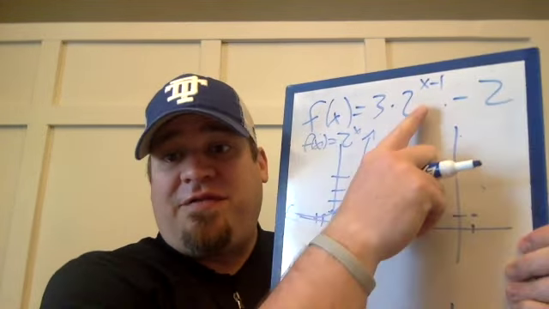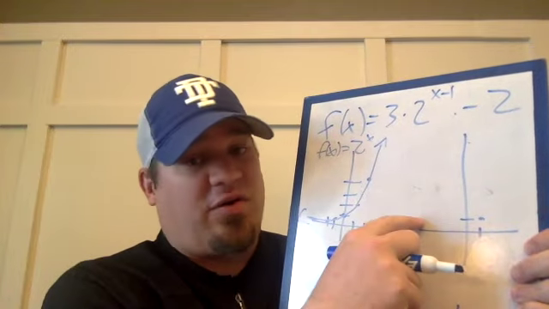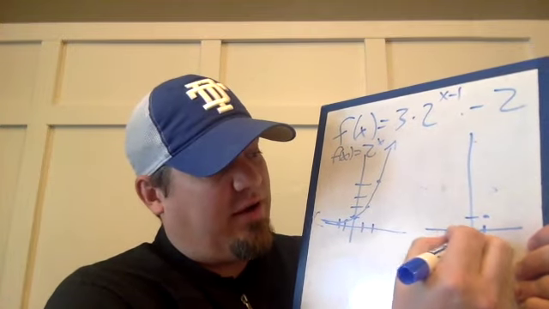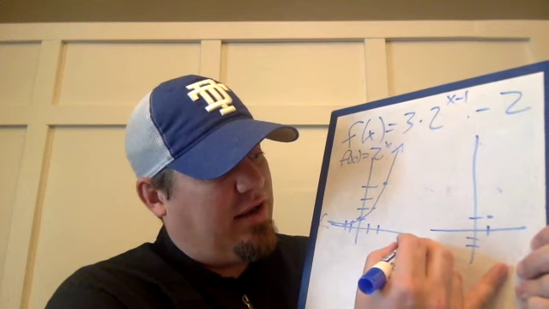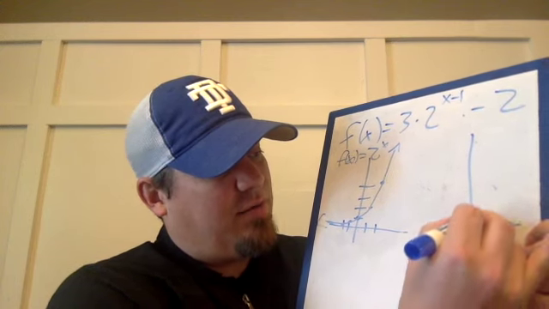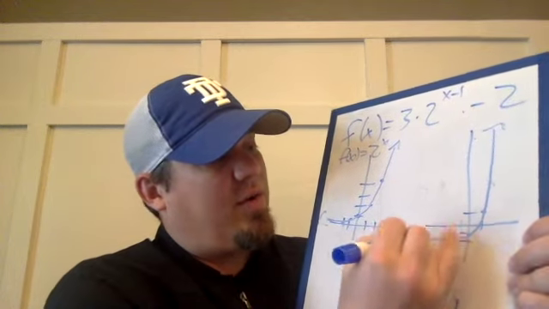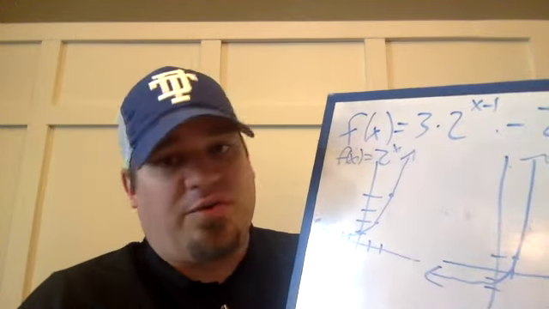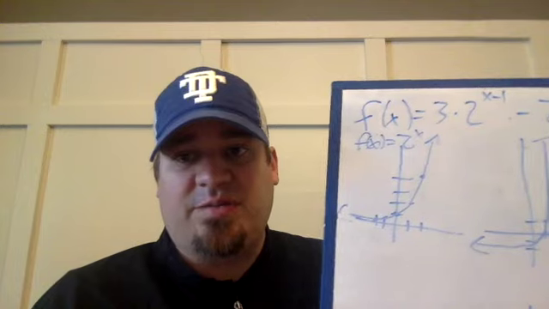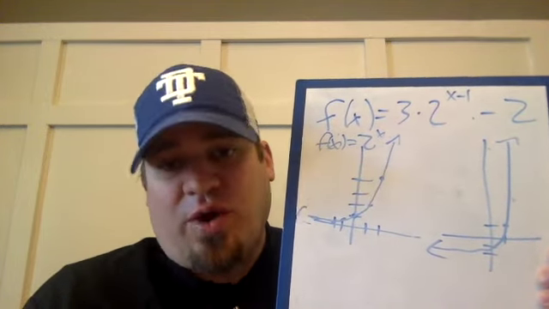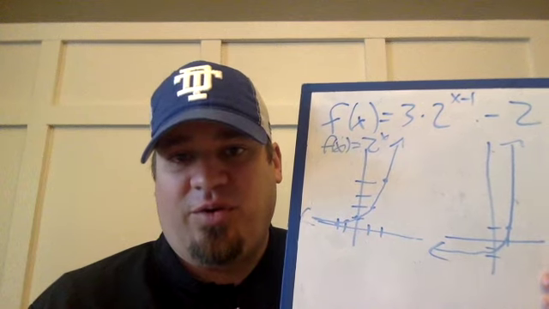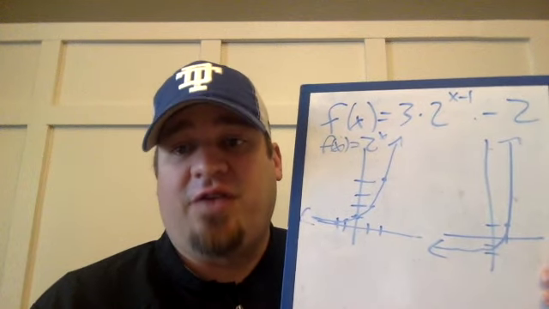Well, we moved the graph down 2, so that means instead of laying across the x-axis, it's going to be down here at -2. So the graph is going to start laying along this, and then it's going to come up this way, and this is the graph of f of x equals 3 times 2 to the x minus 1, minus 2. Okay, it's a very crude graph, which all of our graphs are going to be pretty crude at this point, but that's how you graph the exponential functions.